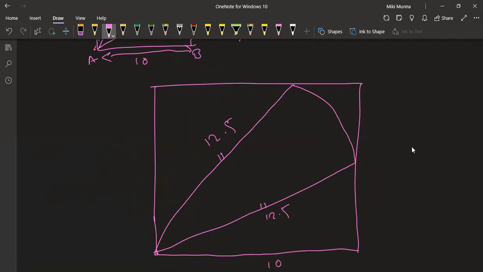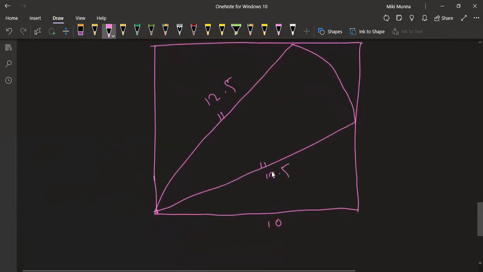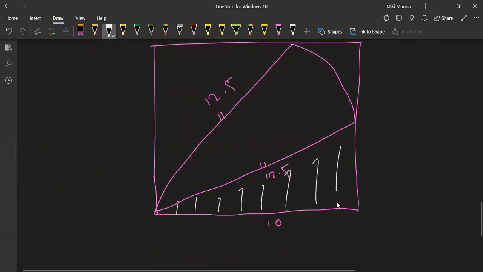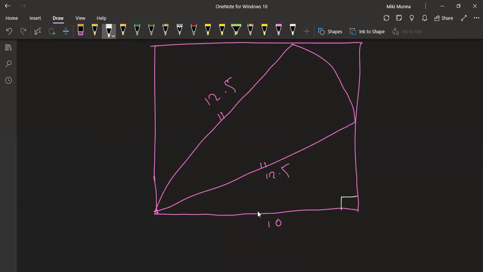If this is 10, try to observe what can be understood from this position. If we consider this portion, it can be considered a right angle triangle, isn't it? If this is 90 degree, and this is our angle, let's say alpha, this is our adjacent, this is our hypotenuse, and this is our opposite.